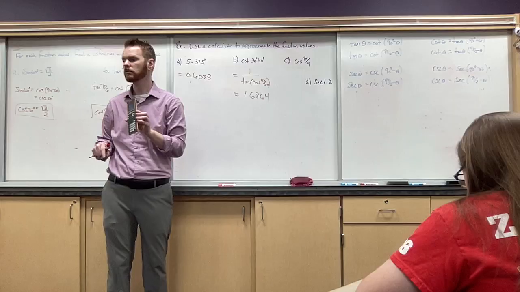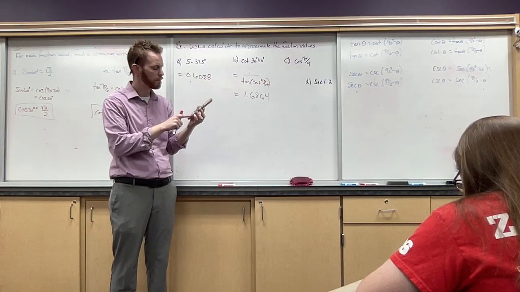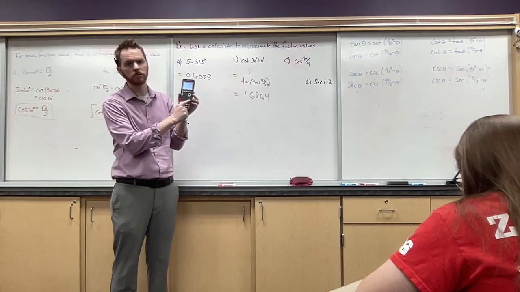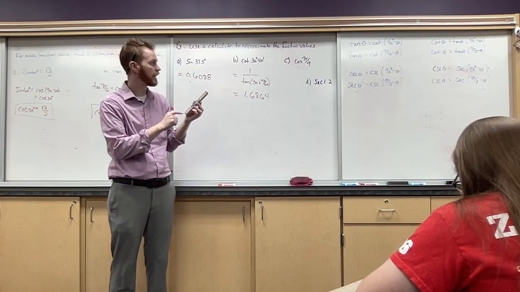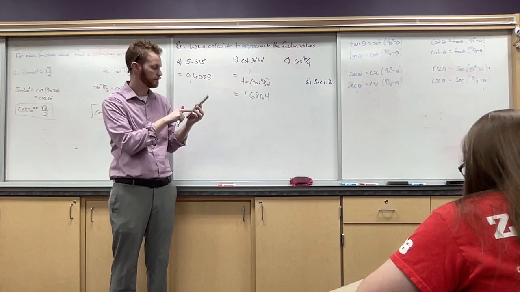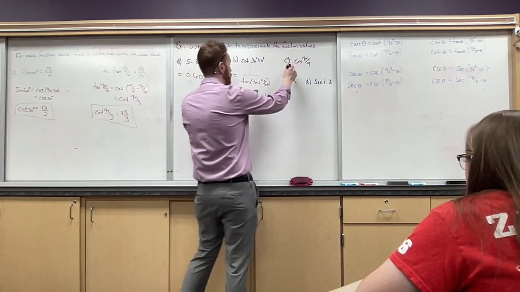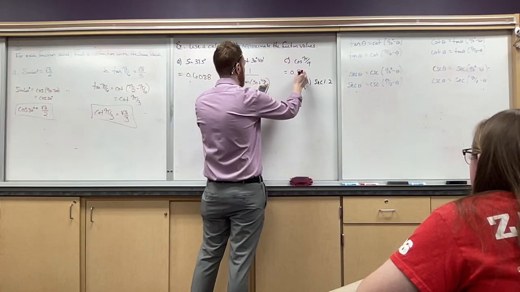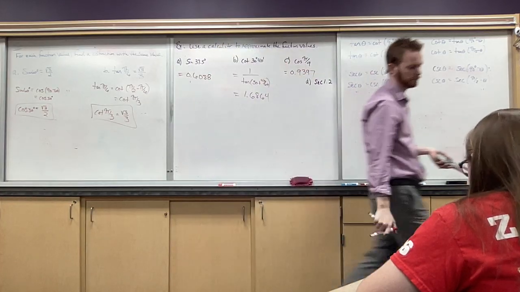Now the pi button should be okay with this, but in case you're not sure where it's at, if you hit the second button, it's this up arrow. People call it the caret symbol, right? It's above the division symbol. You can hit that, and then divide by 9. And for this one, 0.9397, if I round down.